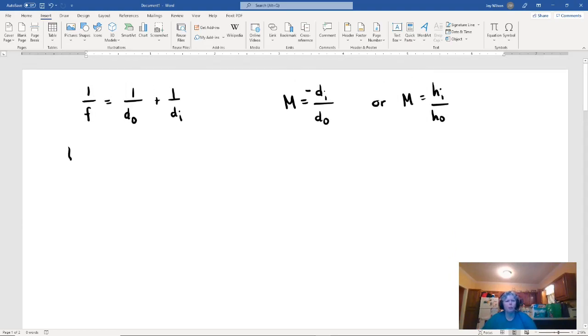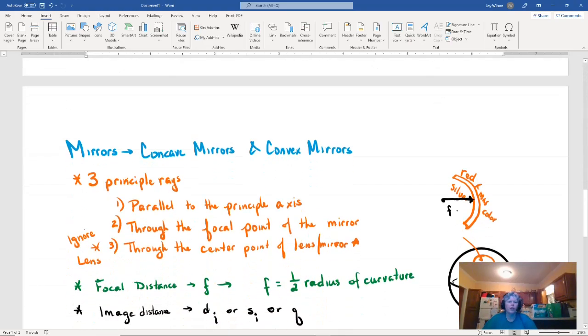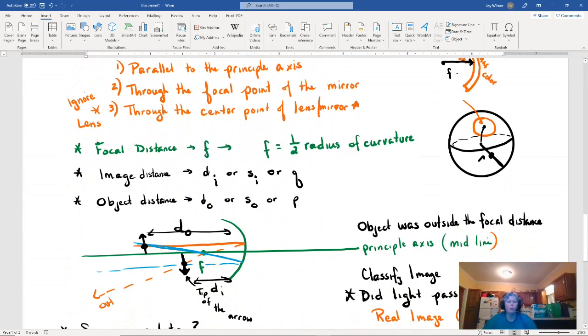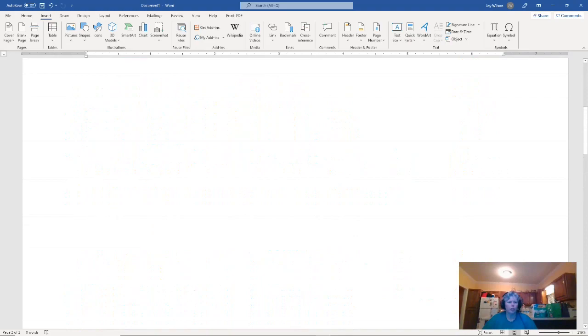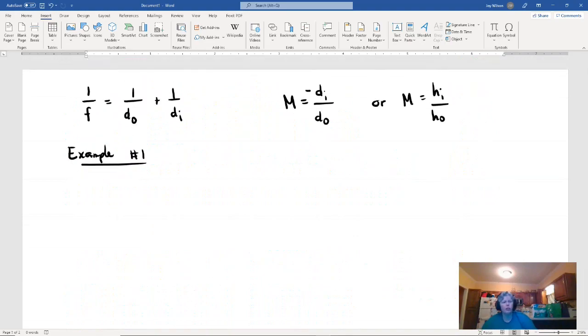In the first example, the focal point and the object were in front of the mirror. So they both get positive signs.